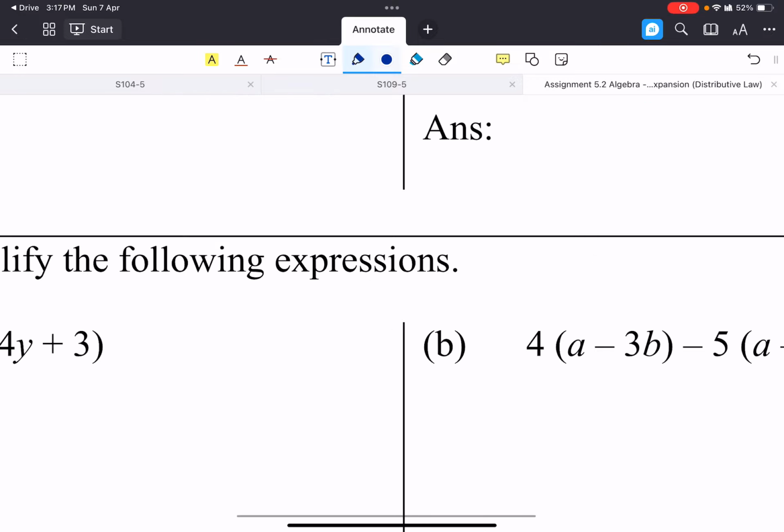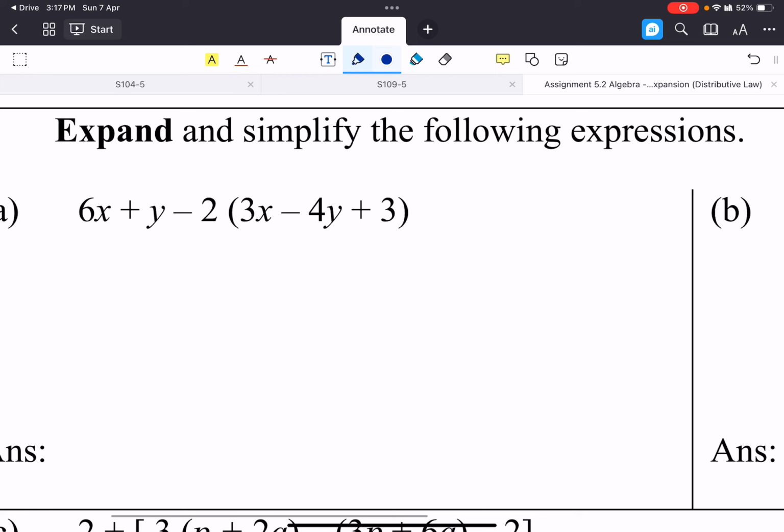Okay, next example. This time round, they want us to expand and simplify the following expression. So once again, got to be careful here because it's a negative 2 right here, right? We got to be careful about this negative 2 over here. So let's be careful. 6x plus y. This part here we do not need to do any operation as of yet.